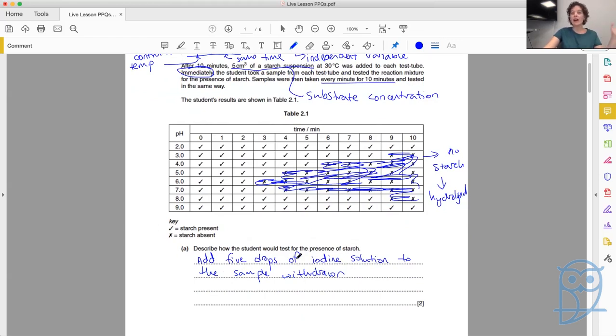We don't just say add iodine solution, we give them how much iodine solution. Okay, and it's not iodine, it is iodine solution. It's iodine and potassium iodide. Right, so that is how you do the test, and how you know if it's positive: yellow-brown to blue-black indicates the presence of starch.